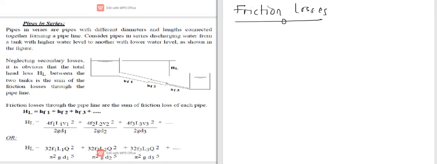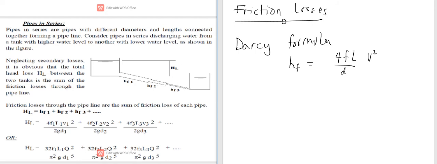Friction loss is given by the Darcy formula, which says that the friction loss HF is equal to 4FL over D multiplied by V square over 2G.